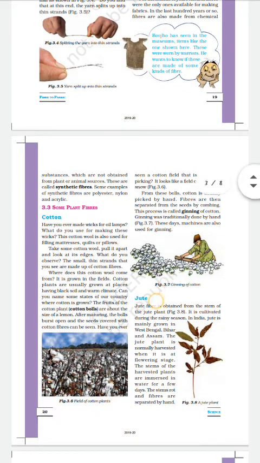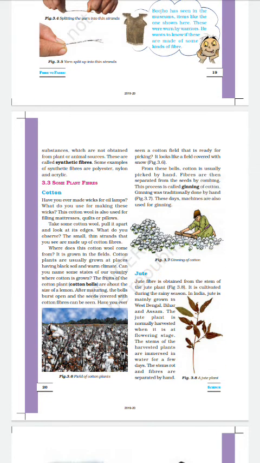Now we will learn about cotton. Cotton grows in black soil, and it needs a warm climate. Cotton is used to fill pillows and the mattress on which you sleep. Cotton is also used in prayer.